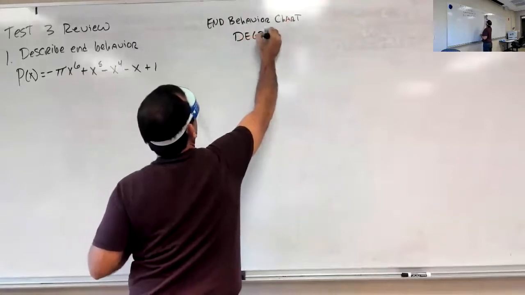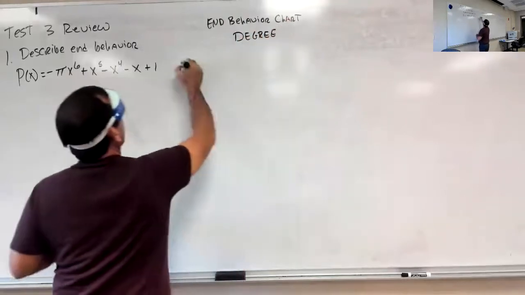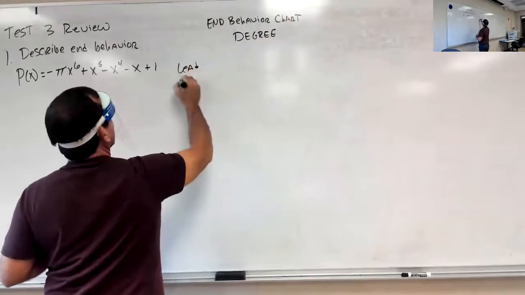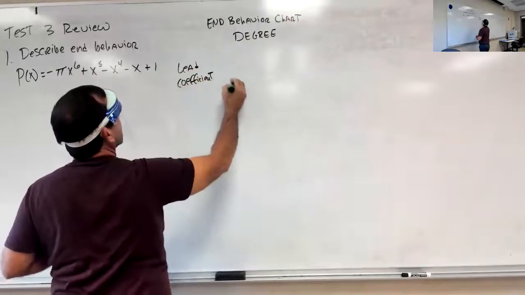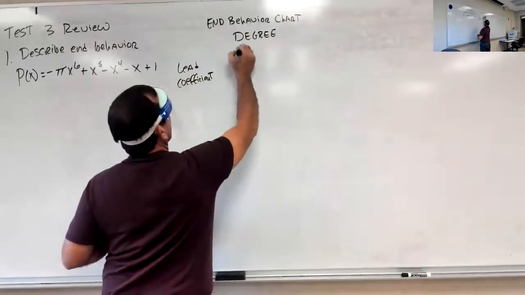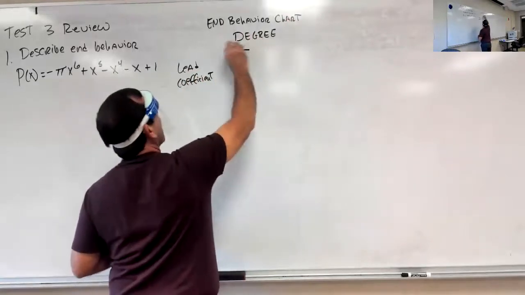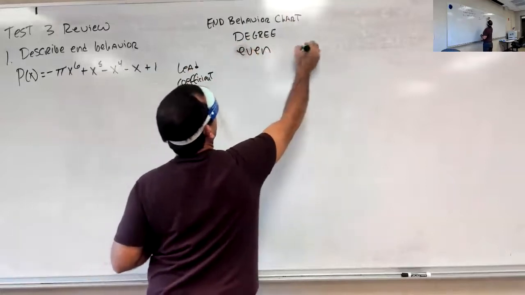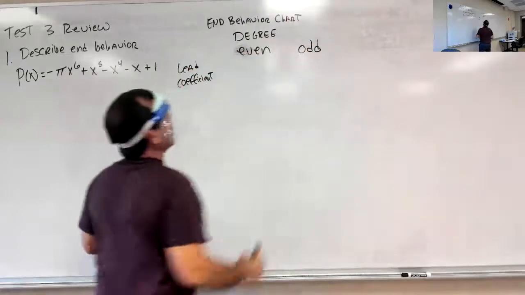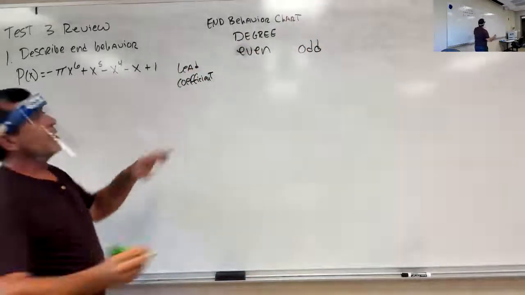We looked at the degree and the lead coefficient. So your degree could be even or odd, and the lead coefficient could be positive or negative.